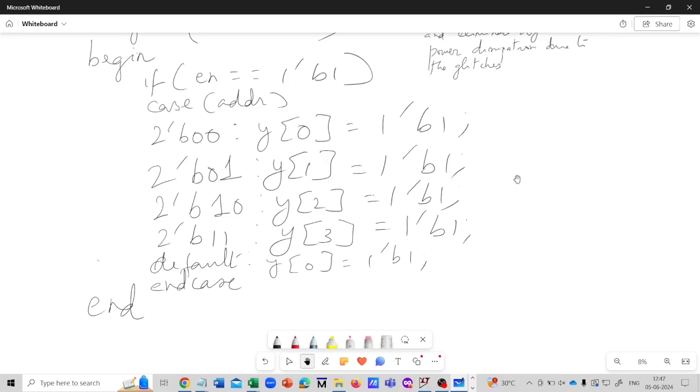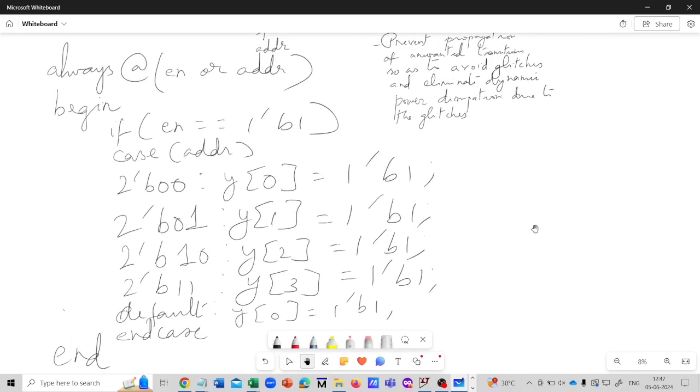Okay. So many of us might be tempted to model the decoder in this fashion, and it is wrong. Why is it wrong? It may not be very obvious, but if you look at this code, you can see that we have specified what happens when the enable is asserted.